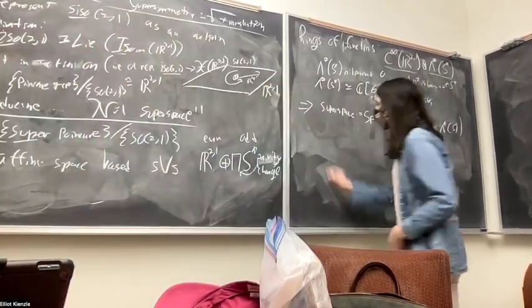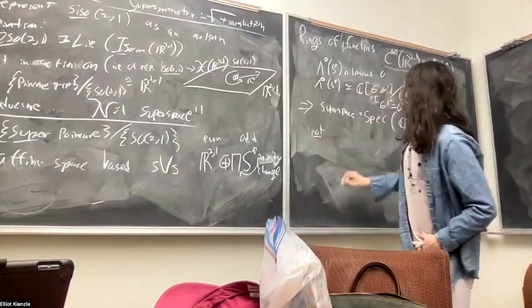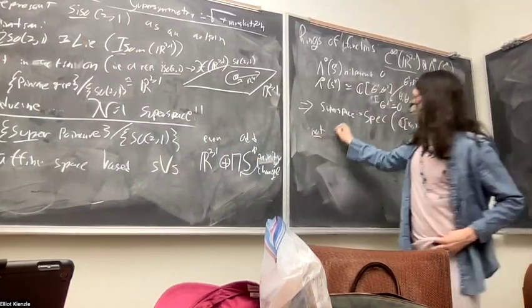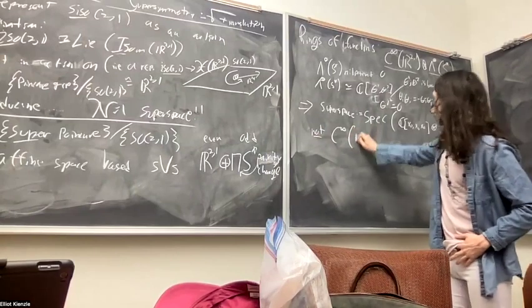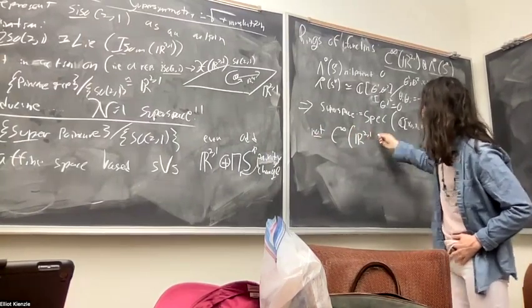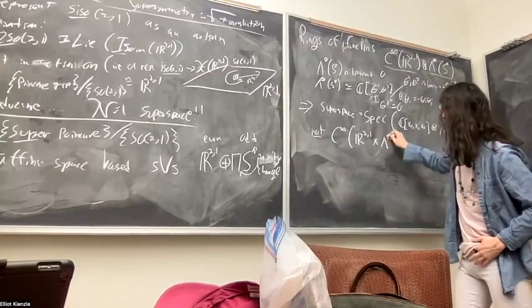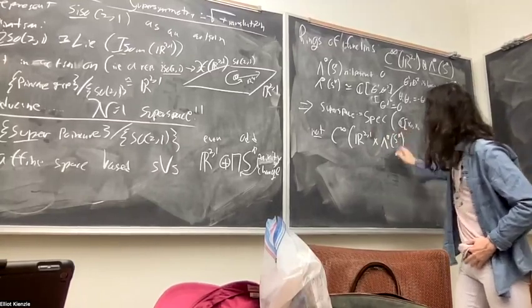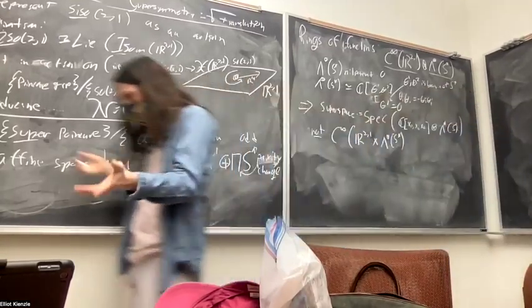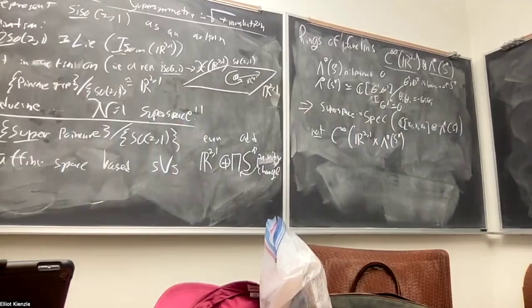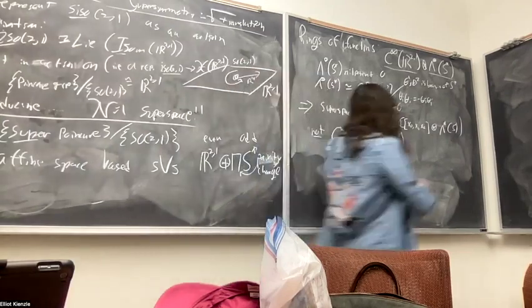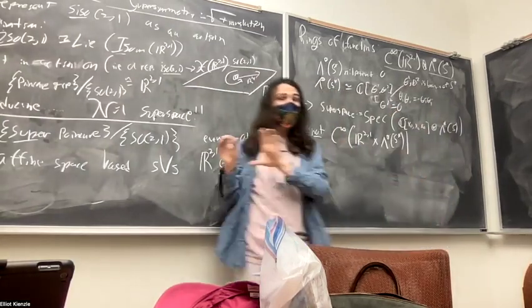So it's not functions on R2,1 times the exterior algebra of S dual. That would be sections of an exterior algebra bundle over our space-time, right? But we're not looking at that.